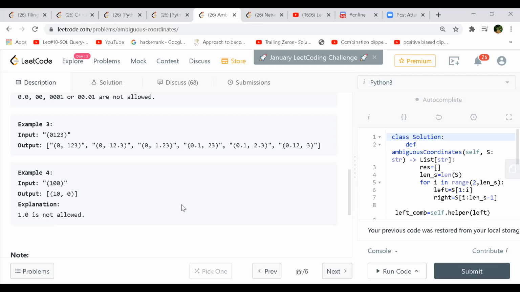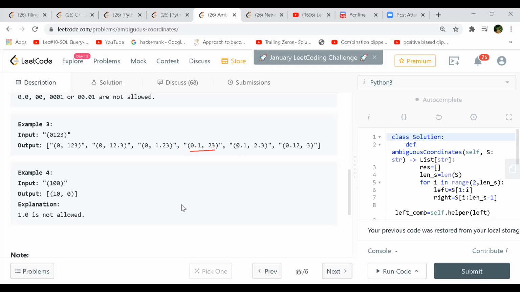You cannot split that way, but you can still have a split like the one shown here. So you can still make it 0.123. That is still valid.